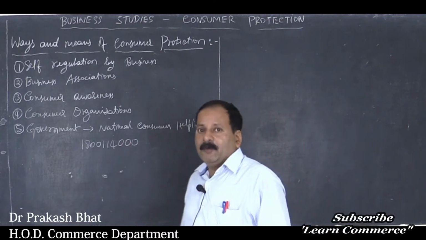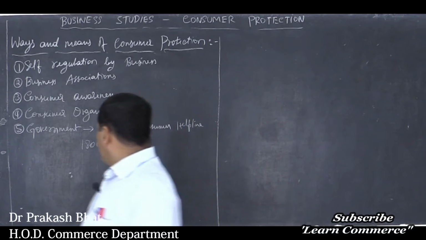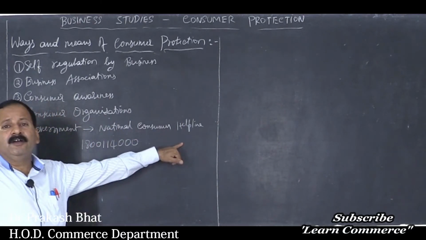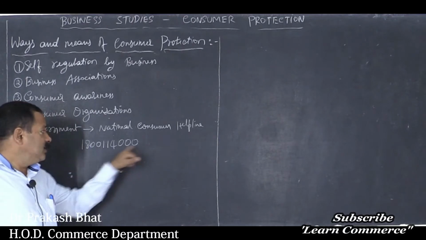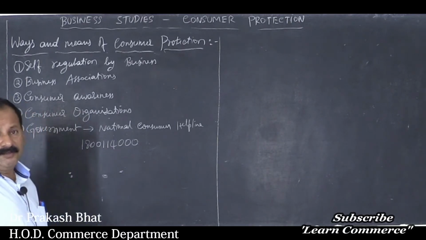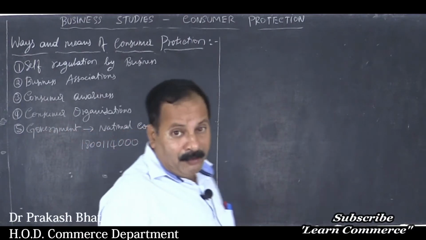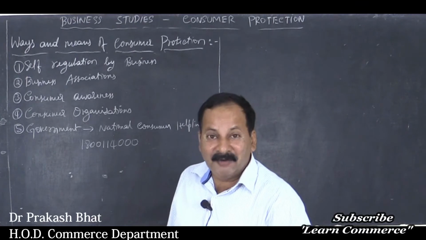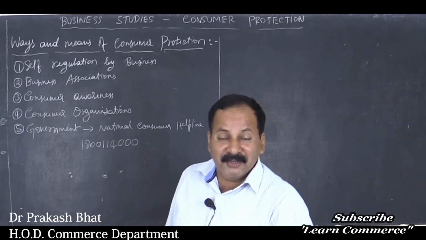The last one is government. A national consumer helpline is created by the government. The number is 1-800-114-000. I don't know whether this number is working or not. Sometimes the government will give some number and if you dial, no one will be there.